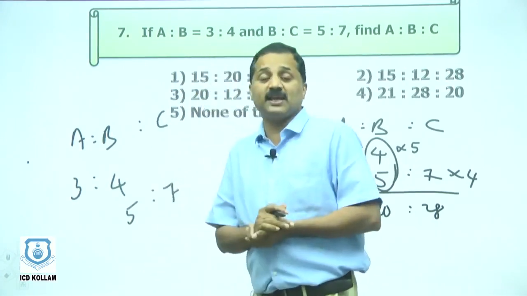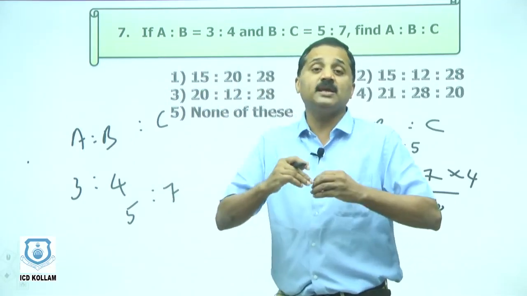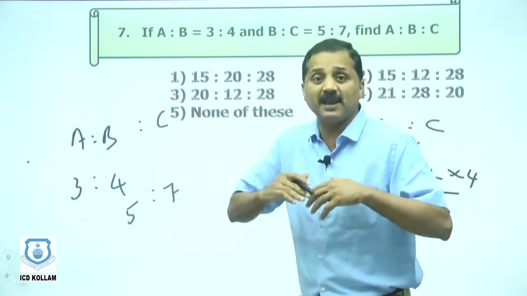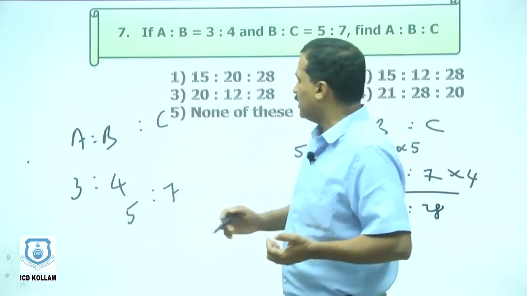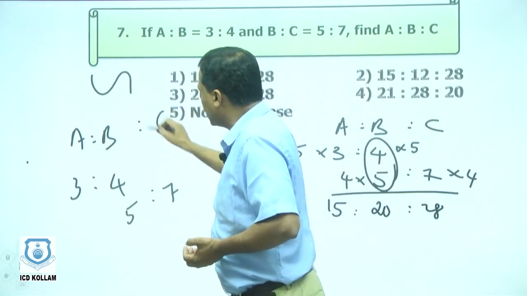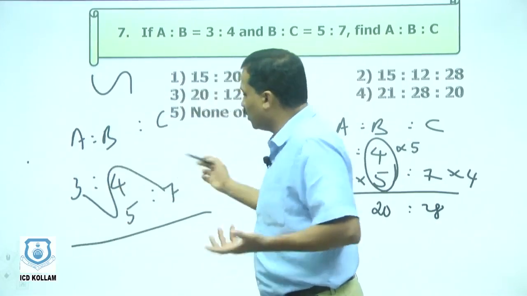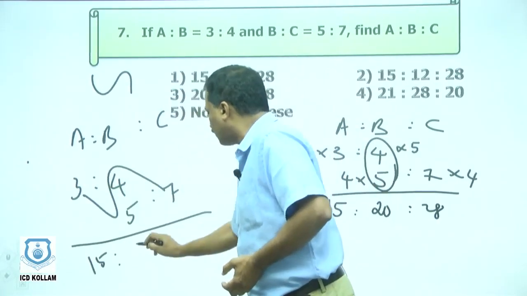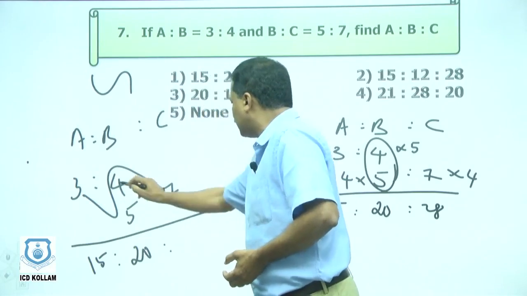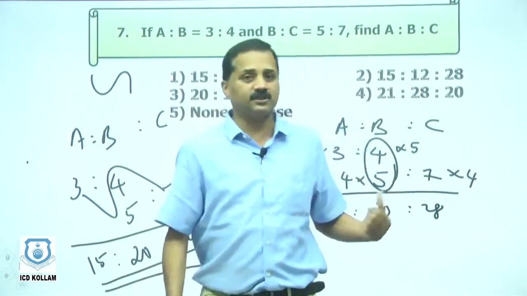Our teachers would say that whenever a question of this kind would come, go for the GA method. Multiply like GA, how the letter GA is written in Malayalam. The letter GA is written like this. So I am going to multiply like GA. Look, very simple. 3 5s are 15, 4 5s are 20, 4 7s are 28. So you will get the same answer.